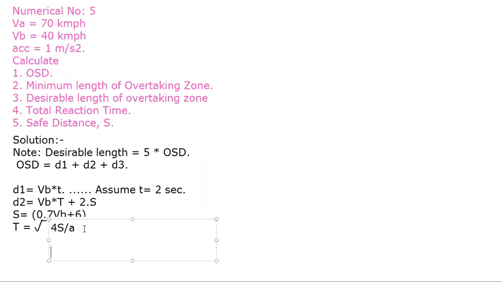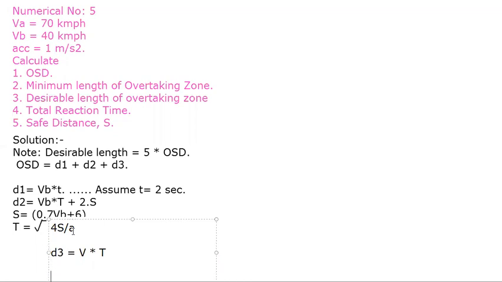And D3 will be equal to your design speed, that is the highest speed, multiplied by your value of capital T. Substituting all these values, we will get the answer.